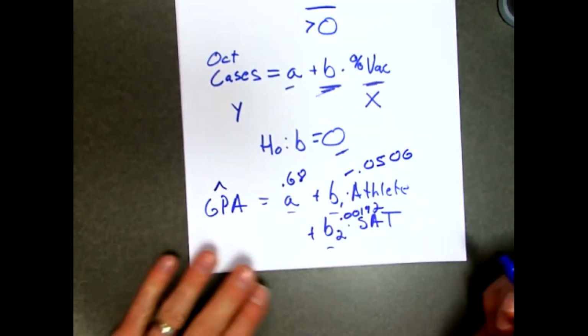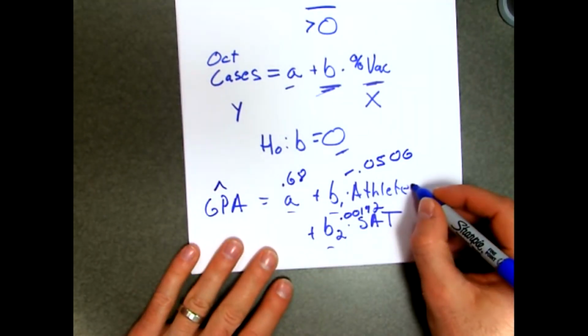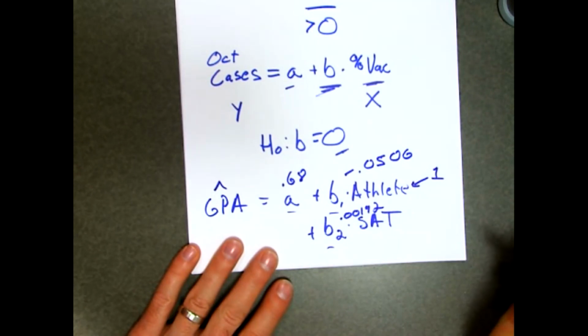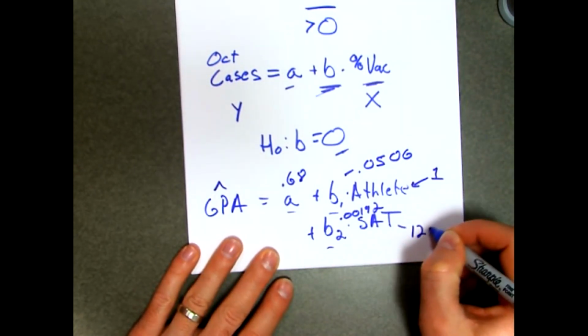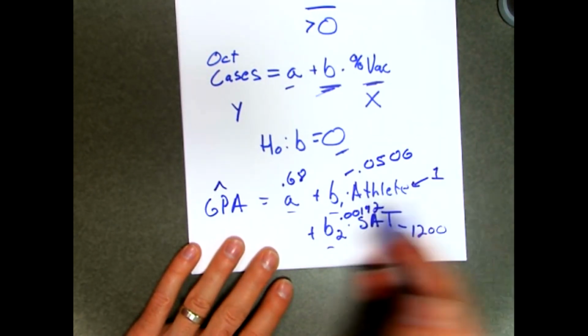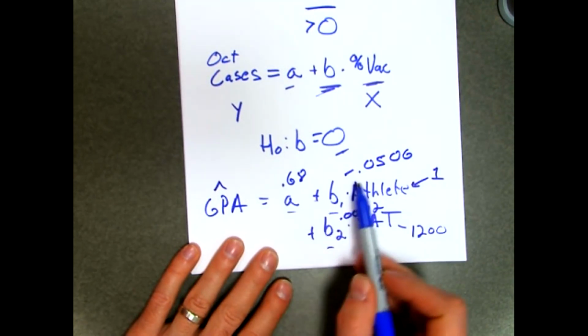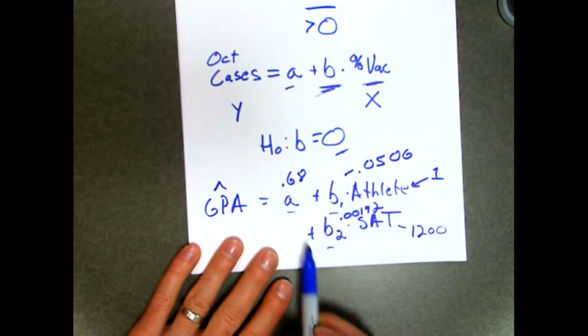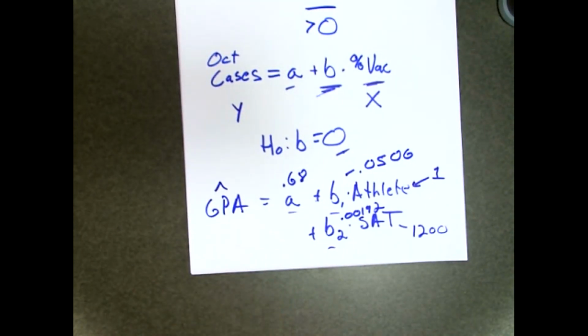So if I wanted the predicted GPA for a student athlete with a 1200 SAT, I can use these values to come up with my predicted GPA, right? If it's a student athlete, this just becomes a 1. SAT, I said they had a 1200. So 0.68 plus negative 0.05 times 1 plus 0.0019 times 1200. Right? So once I have these coefficient estimates, I can come up with predictions pretty quickly, right?